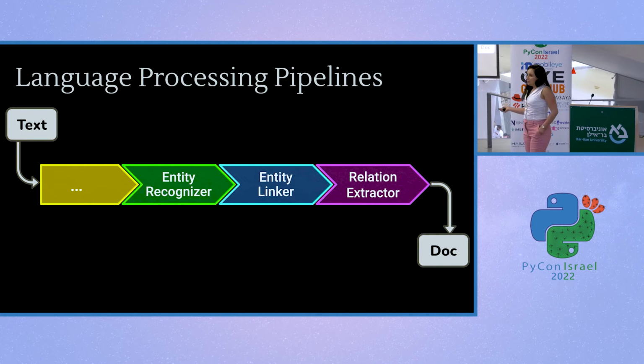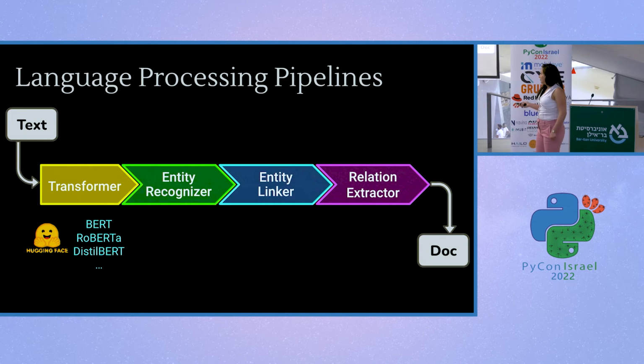The output is a doc object with the annotations from all the components. Now, in the new version, you can plug a transformer component into the pipeline. You can use any transformer that you know and love from any framework, such as Hugging Face. You probably want to use a GPU to train a transformer-based pipeline, but later you can deploy it on CPU.